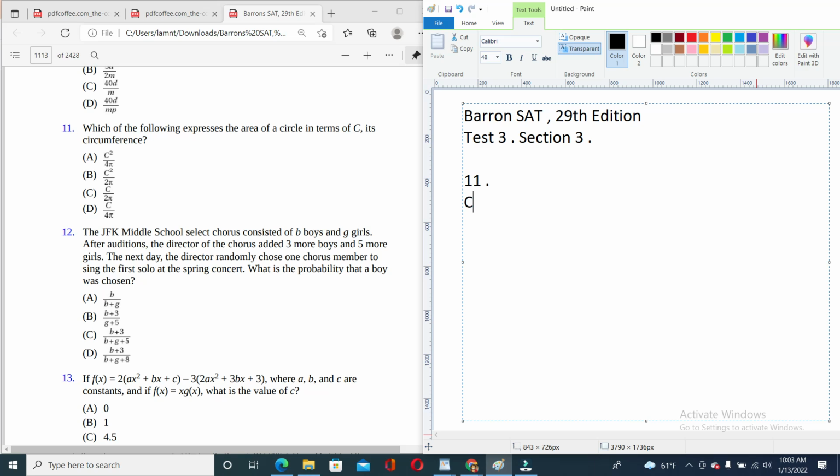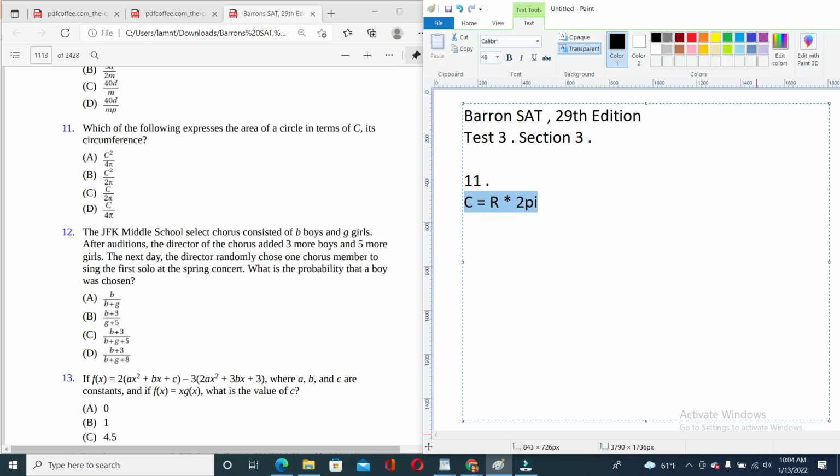So we know that c is going to be pi times the diameter, and the diameter is 2 times the radius, so we can rearrange to have c equals 2 pi r.